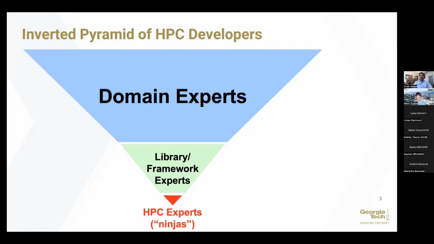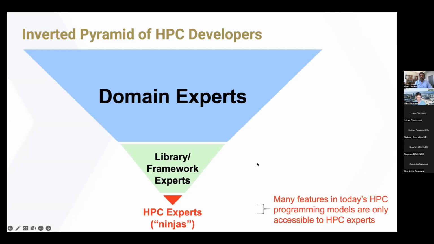So at the very bottom, we have HPC experts, who are referred to as ninjas. And sometimes the new hardware comes out with the programming manual, and that level of programming is only accessible to the HPC experts. Think about using a new FPGA or a new kind of accelerator, or the early days of GPU programming before CUDA came about and libraries were available.